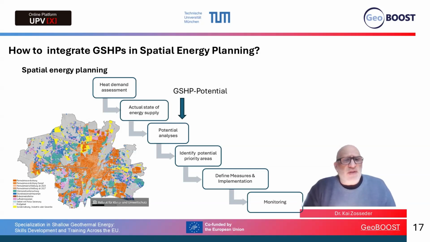And if you have done that and you overlay everything, what is the heat demand and what is the potential, then you can define measures and implementation activities. So measures can be, for example, that the city decides to go with energy consultants into specific quarters and talk to the people and say you have a huge potential for shallow geothermal, for example.